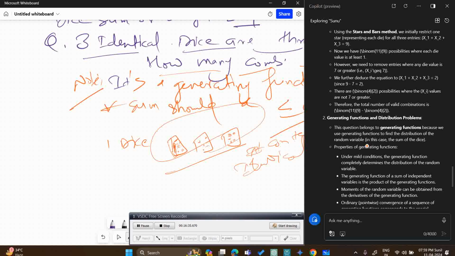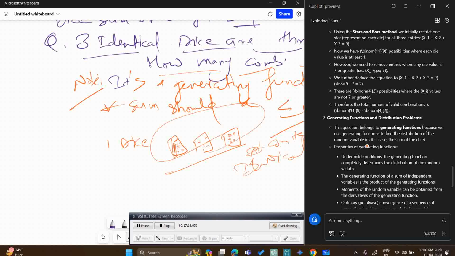Because we use the generating function to find the distribution of random variables, right? In the sum case, the sum of the dice is like that.